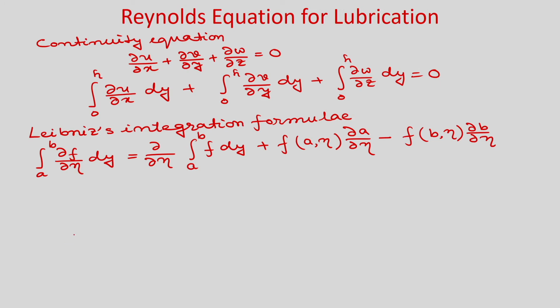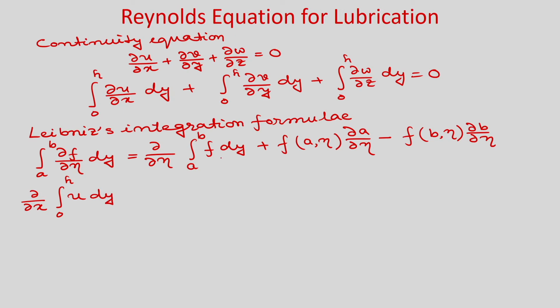Now, using this Leibniz integration formula, we can write the first term as del by del x of integral 0 to h u dy, right.